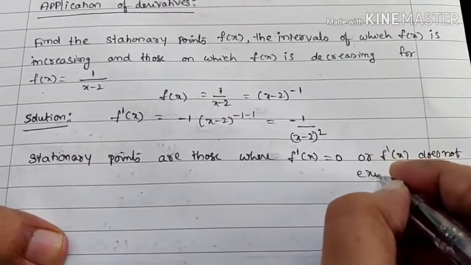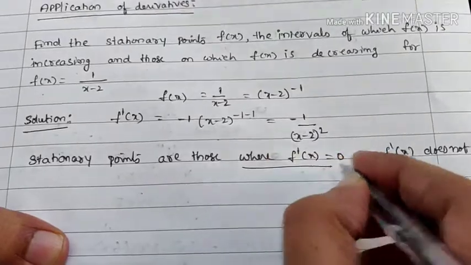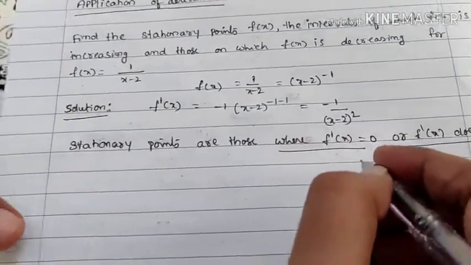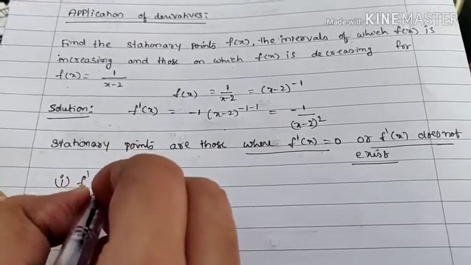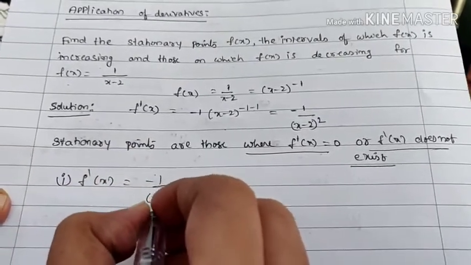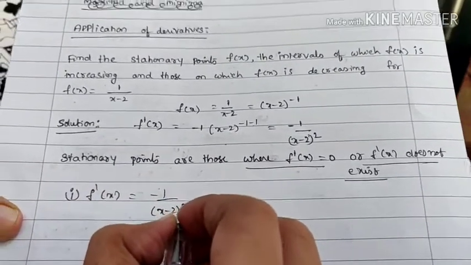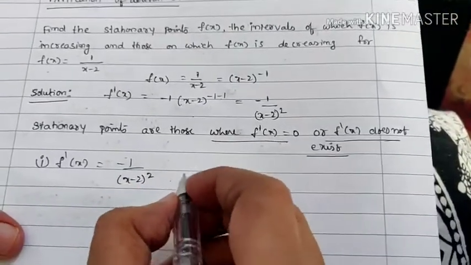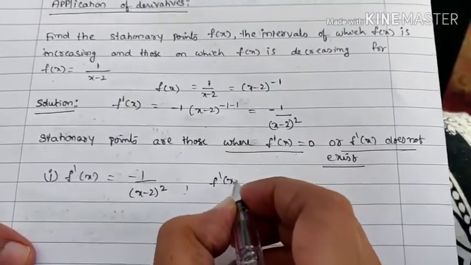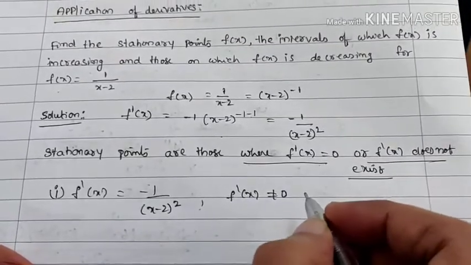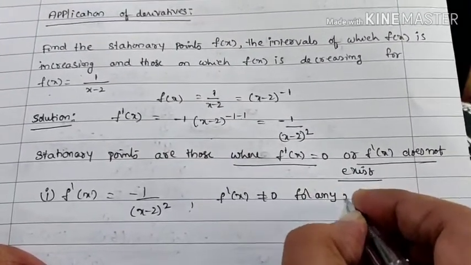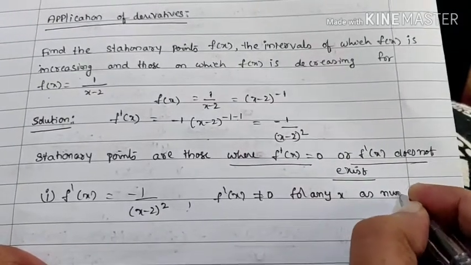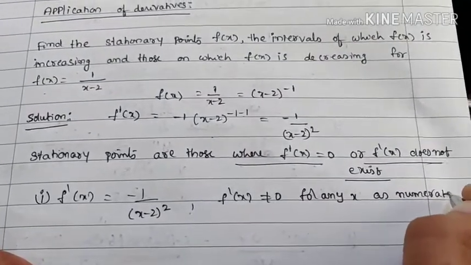So you have to use this definition to find the stationary points. What is our f dash of x? f dash of x equals minus 1 by (x minus 2) whole square. So f dash of x cannot be 0 for any x, as the numerator is a constant.